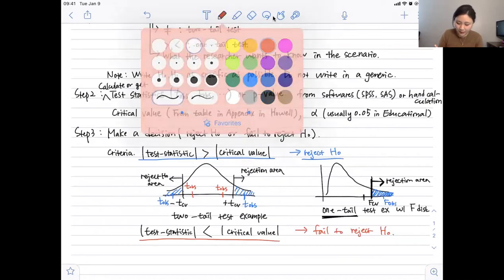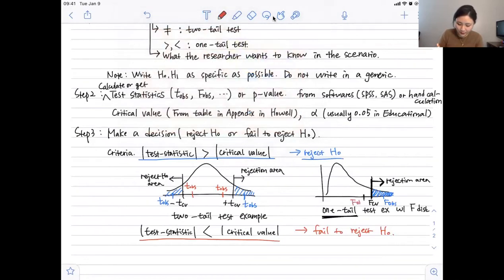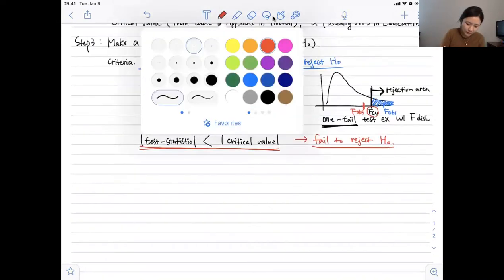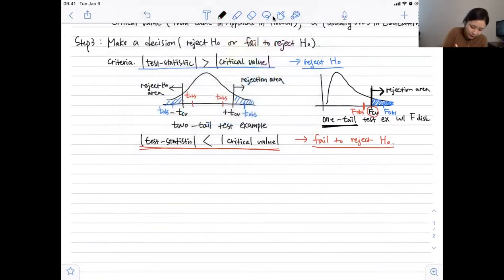However, if my F observed value is less than the critical value, which is not in the rejection area, that is why we fail to reject the null hypothesis. So regardless of what kind of distribution and what kind of test statistic you are using, this applies to all the cases. So this is the criterion with the test statistic.